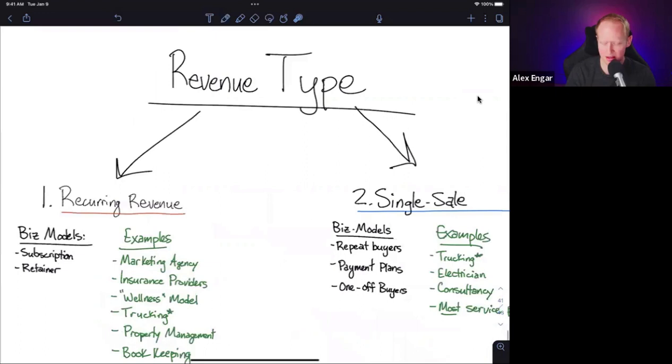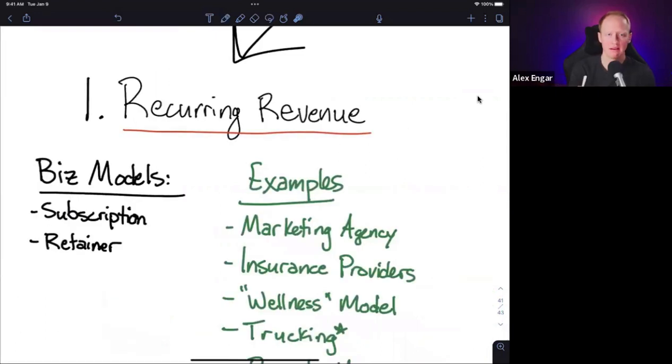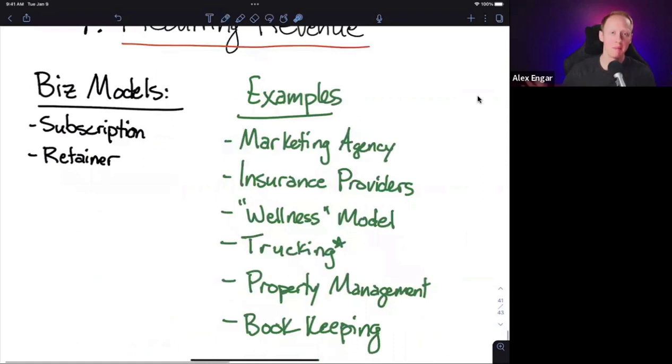So within the recurring revenue side of things, there's a couple of different models. There's the subscription model, where, if you run a software company, it's really easy to see how that subscription might work. If you run an insurance company, it's easy to see how that would work. If you run a property management company, right, it's a subscription. Sometimes it's more of a retainer model.